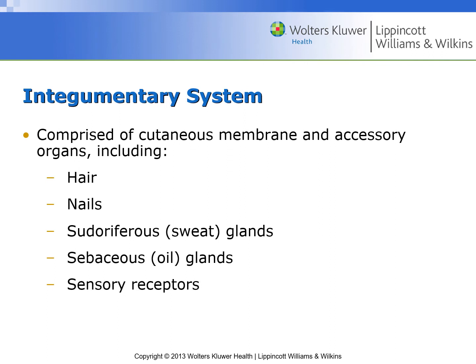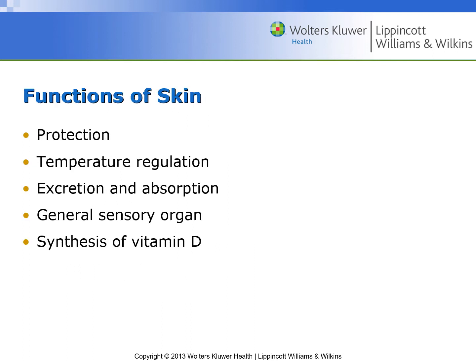The integumentary system is comprised of the cutaneous membrane and accessory organs, which include the hair, the nails, the sudoriferous glands, which are also referred to as the sweat glands, the sebaceous oil glands, and the sensory receptors. The functions of the skin are protection, temperature regulation, excretion and absorption, serving as a general sensory organ, and synthesis of vitamin D.